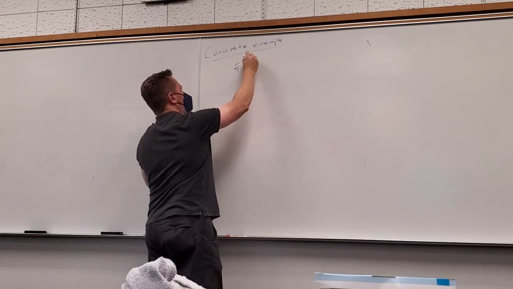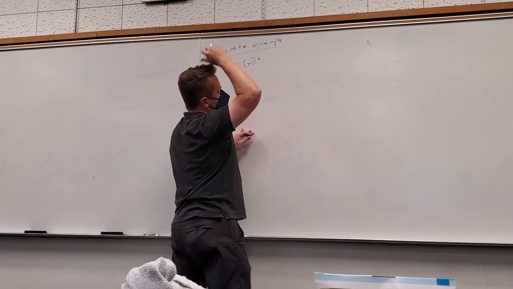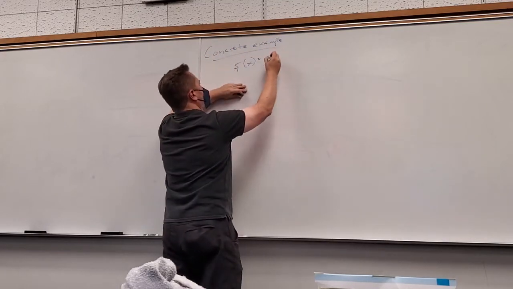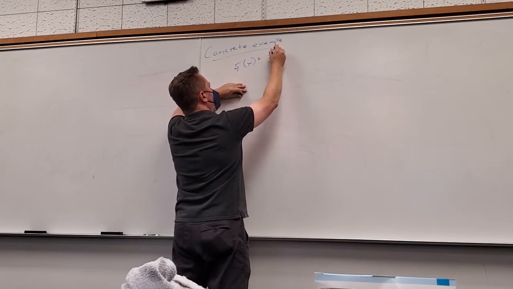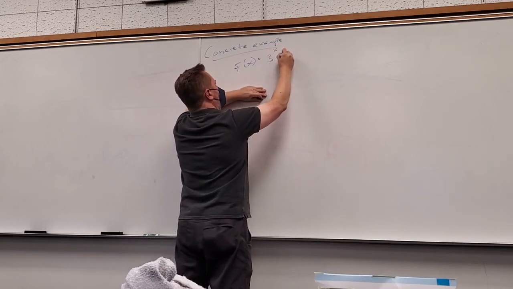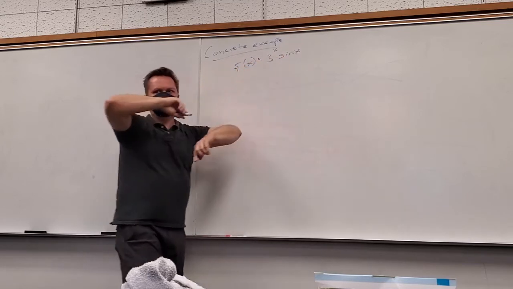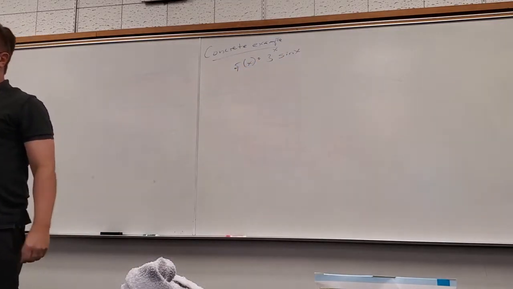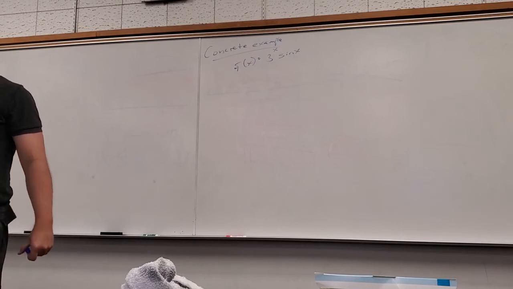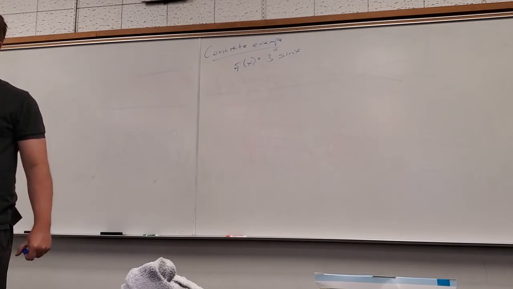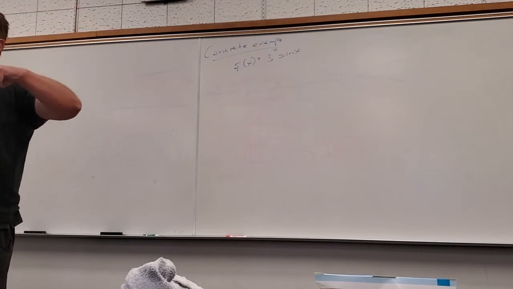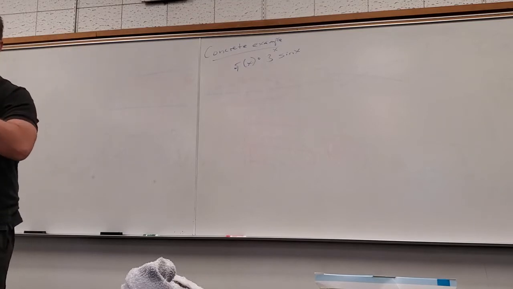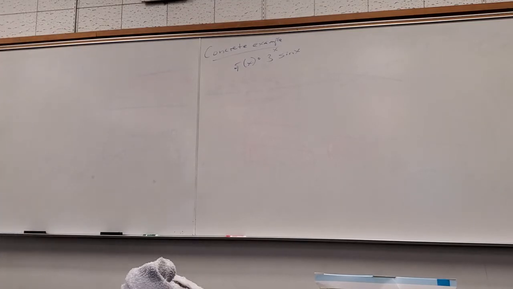If I had a function that was 3 to the x times sine x. We know the derivative of 3 to the x, correct? And we know the derivative of sine x, correct? That function has those in it, but is that function either one of those? No, it's kind of both of them, right? Isn't it them multiplied by each other?